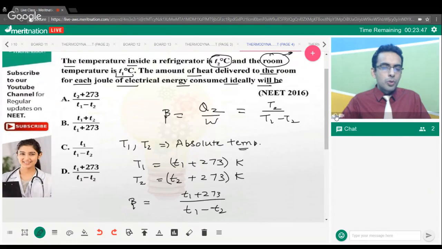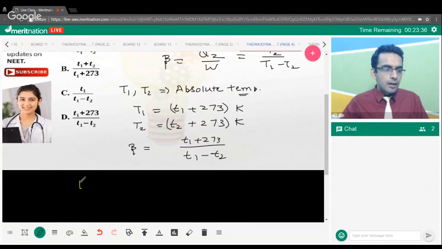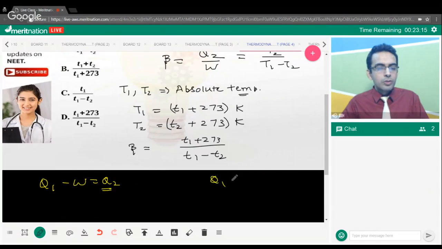So what we can say is that this beta is equal to Q2 by W. What is the relation between Q1 and W? Q1 minus W is equal to Q2, because we have written that Q1 is equal to W plus Q2.